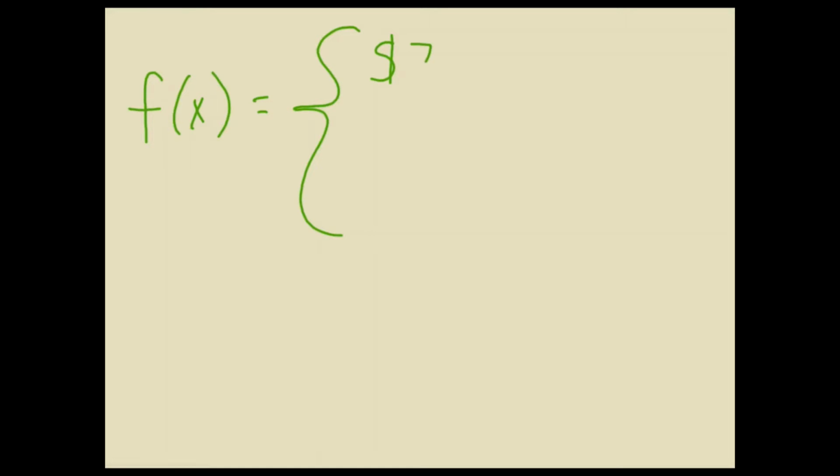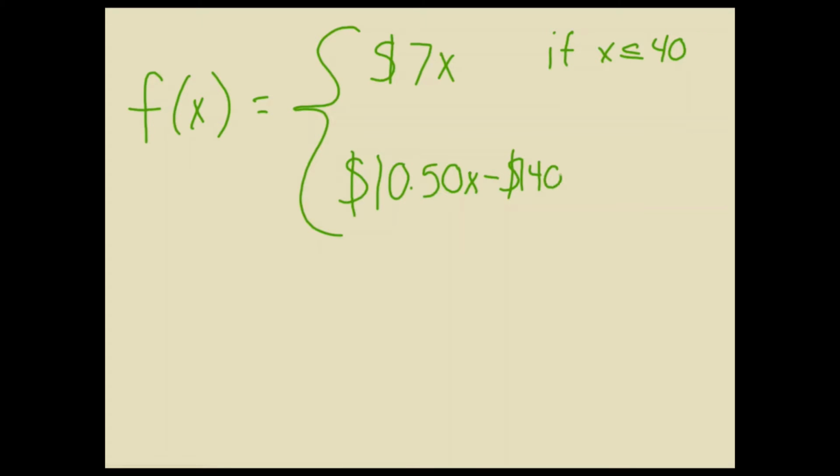The first one is $7 times x if x is less than or equal to 40. And this would be her normal hourly wage. And then the second one would be $10.50 times x minus $140. And this would be her wage if she works more than 40 hours in 1 week.